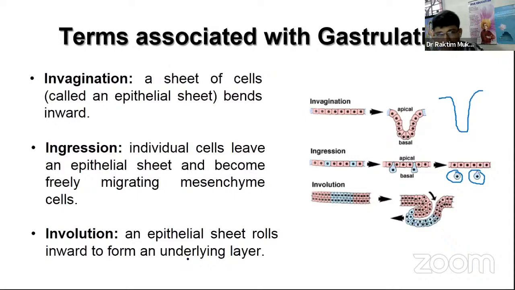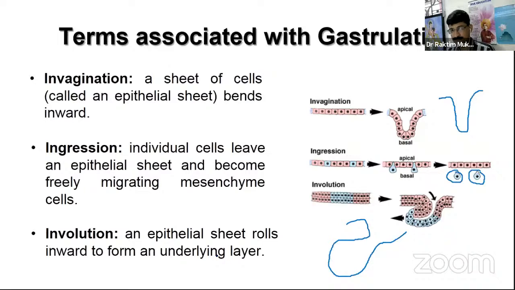Then you have involution, where the epithelial sheet rolls inward to form an underlying layer. So there is an epithelial sheet, you see it rolls and forms an underlying layer, that is called involution. So invagination, ingression, involution.